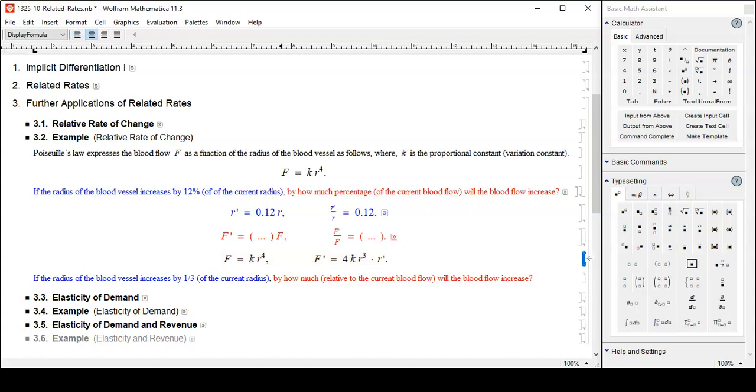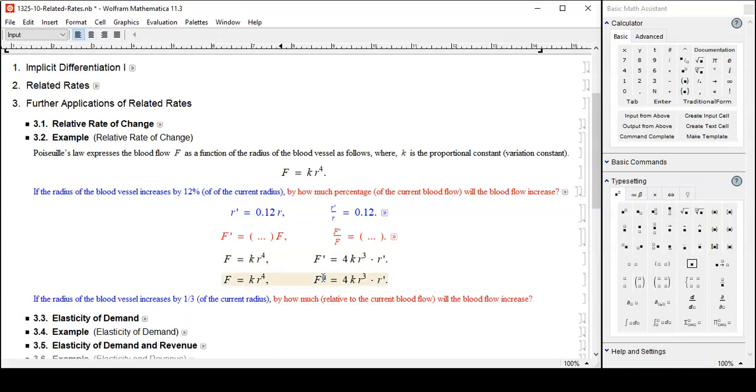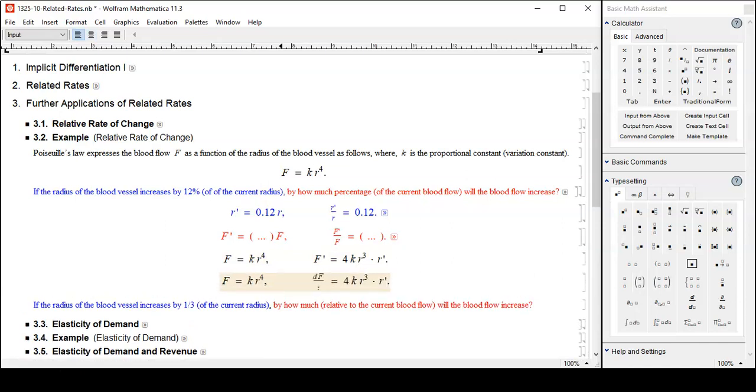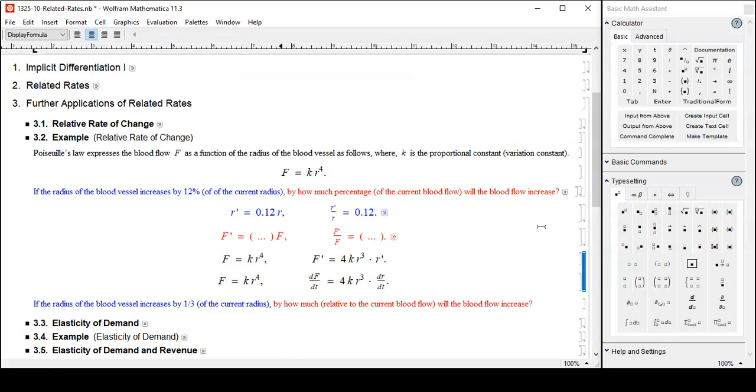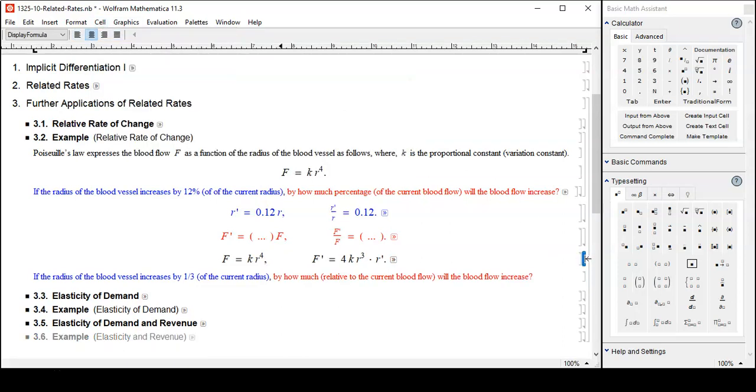Now, if you somehow prefer Leibniz notation, then you may want to do it this way, and then write it like this, if you prefer it that way. All right, this is what we have so far.